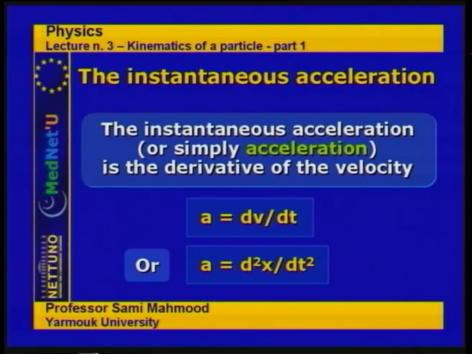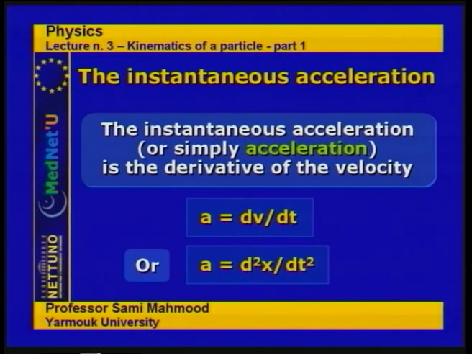That gives us two alternatives for the evaluation of the acceleration. One of them is simply the derivative of the velocity with respect to time. So if we know the velocity as a function of time, its derivative is simply the acceleration, or vice versa.